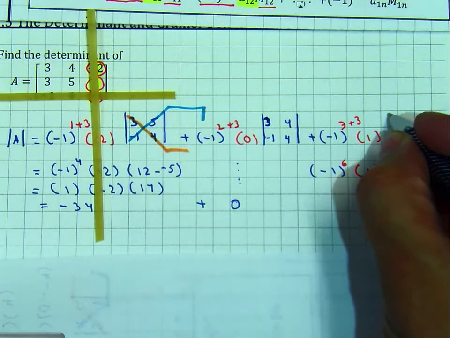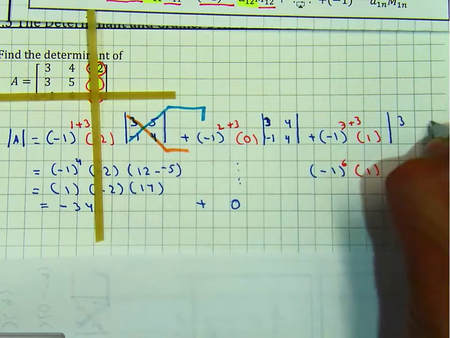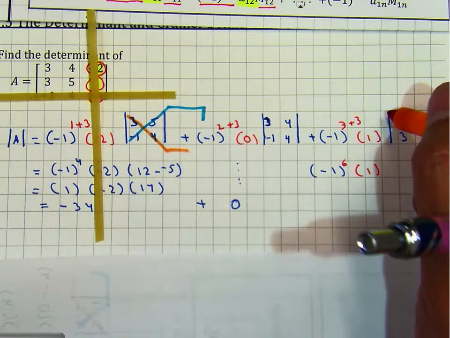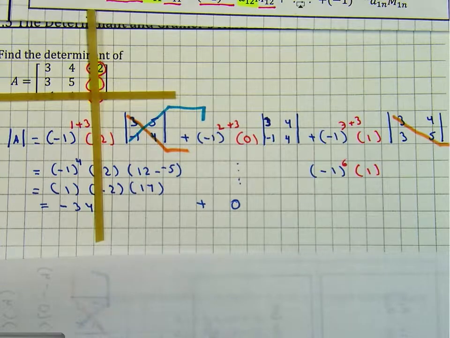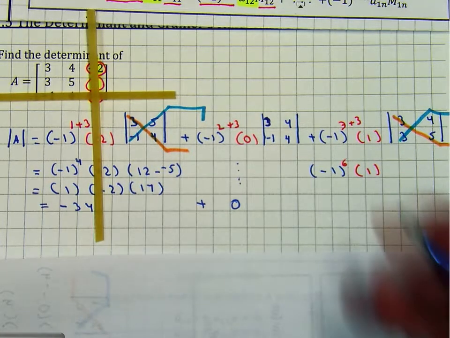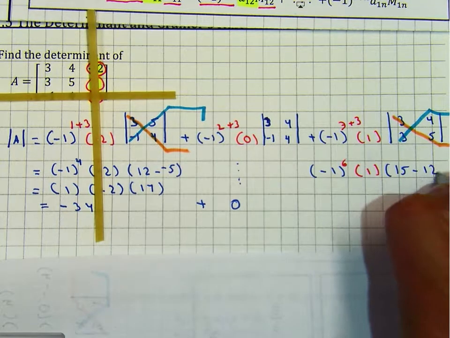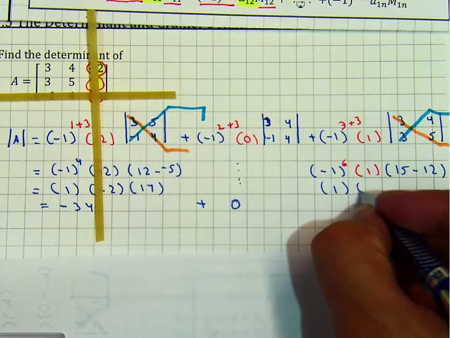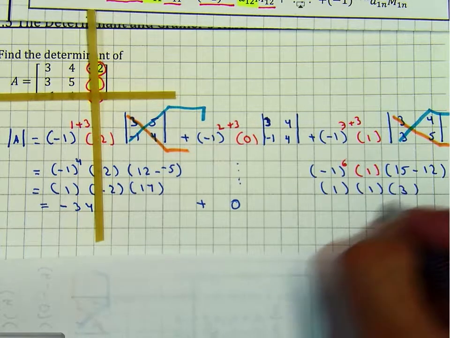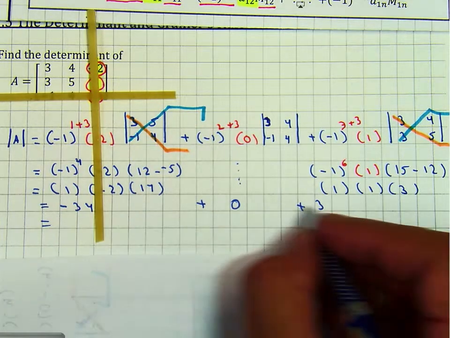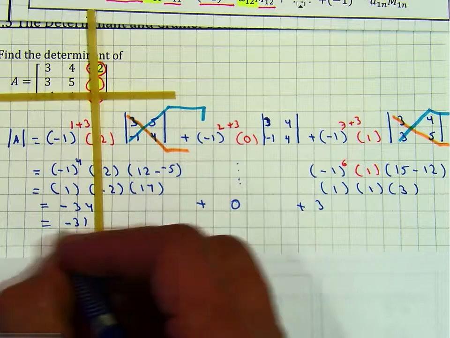So therefore this will be 3, 4, 3, 5. And now I'm going to find the determinant, which will be 15 minus 12. So therefore, -1 to the 6th power is +1 times 1 times 3. So this gives me +3. And this is -34 plus 3 will give me -31.